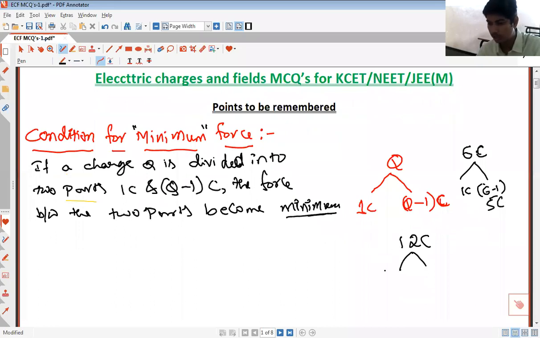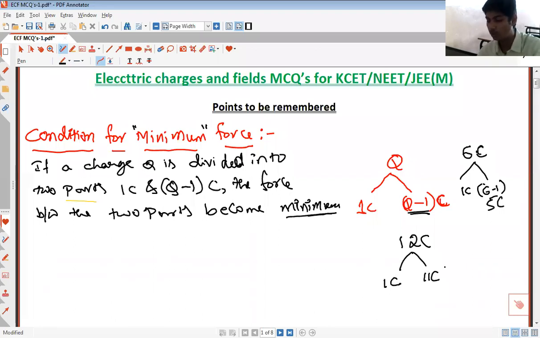Yes, this charge is to be divided as 1 coulomb and q minus 1. Here q is 12, so 12 minus 1 will be 11 coulomb. If you divide this charge as 1 coulomb and q minus 1 coulomb, the force between them becomes minimum.